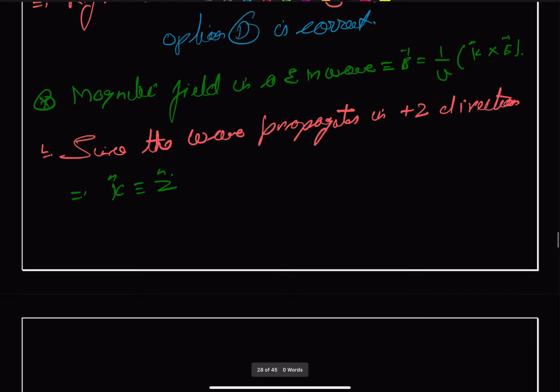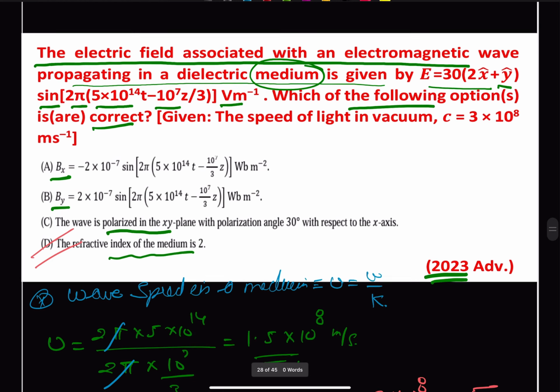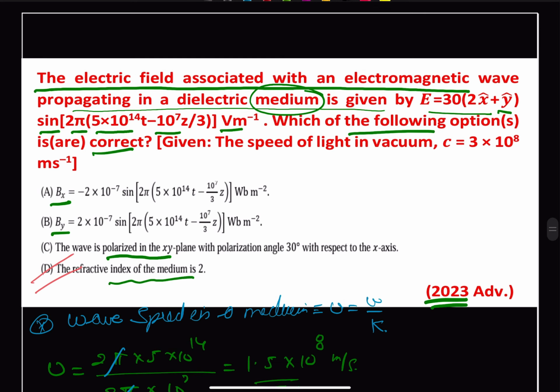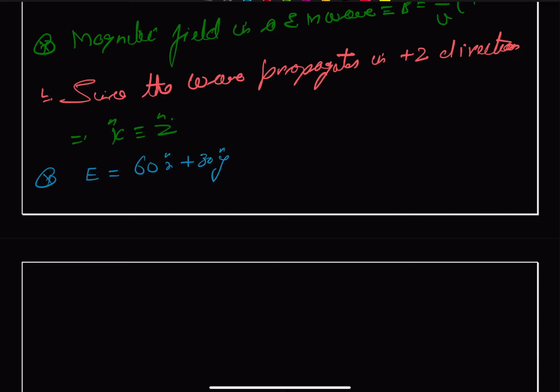And let me write the given equation of our electric field. So we are given that our electric field is equal to 30, okay, let's multiply by 30 inside. So this comes as 60 x unit vector plus 30 y unit vector.